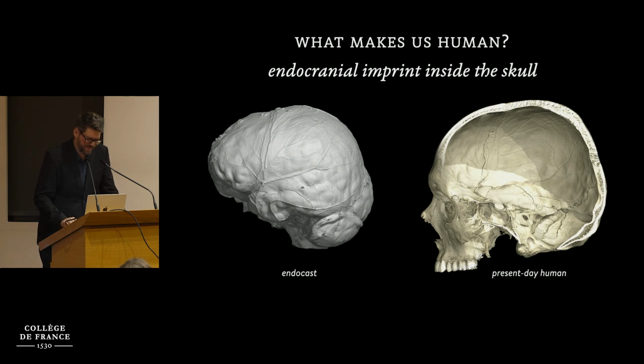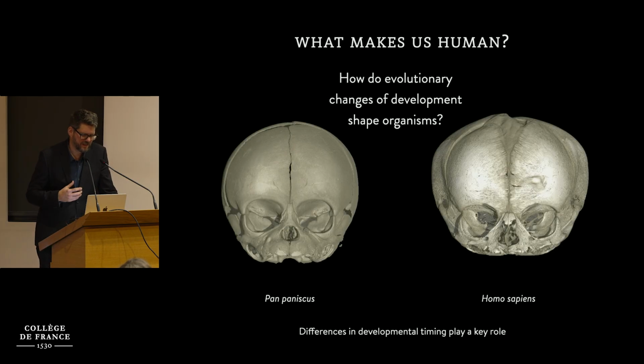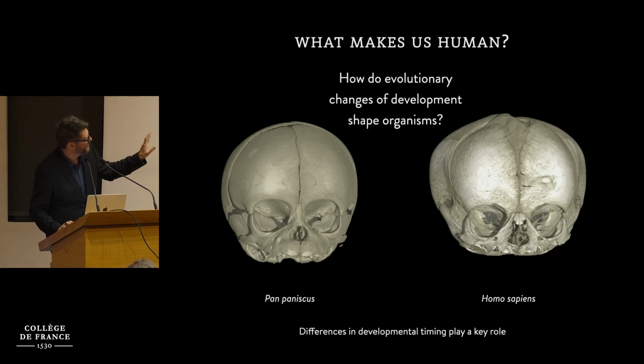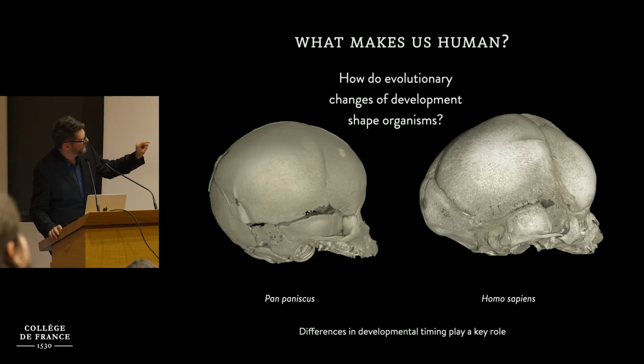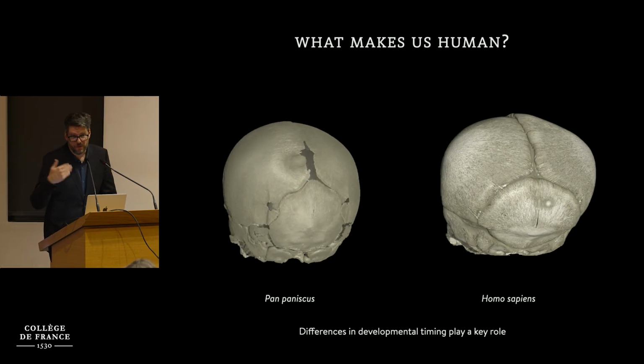And the comparative approach that we're taking is not only comparing to fossils, but is also comparing to our closest living relatives. Basically, the main theme of my research is trying to understand why evolutionary changes of developmental timing have such big effects. Here you can see how similar a bonobo and a modern human fetus look before birth.